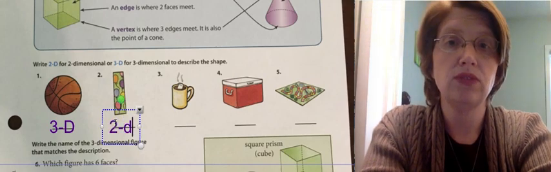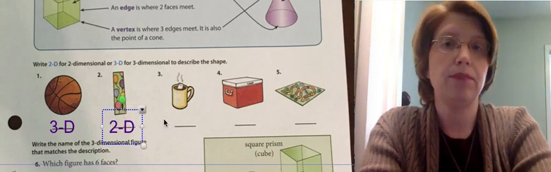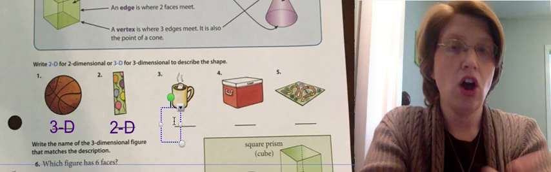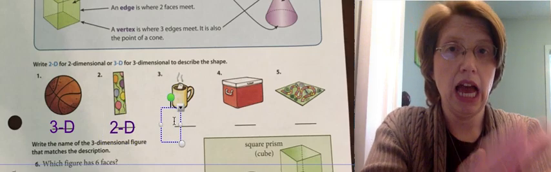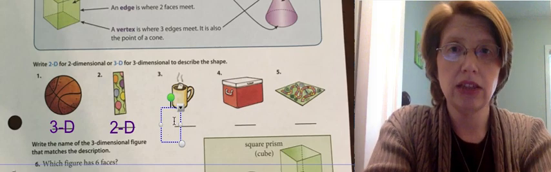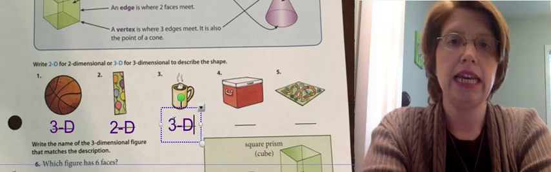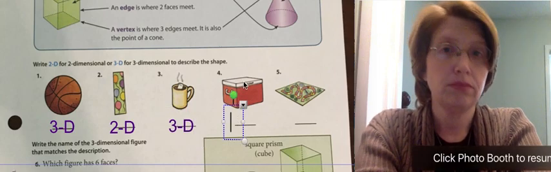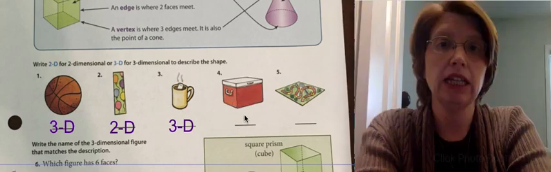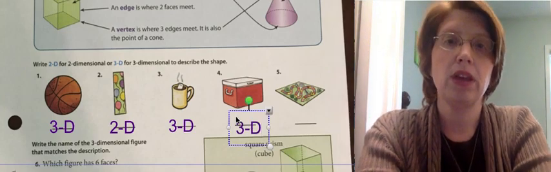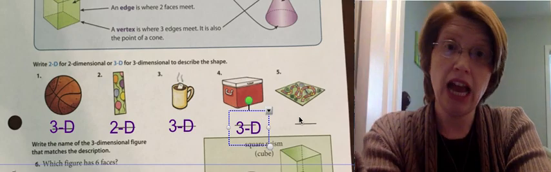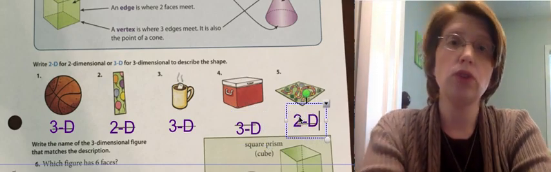A bookmark is flat, so it is 2D. A coffee cup. It has all dimensions to it, doesn't it? Height, width, and length, so it is 3D. What about a cooler? That's definitely 3D, isn't it? And then a game board, just the board, doesn't have any height to it. So a game board would be 2D.